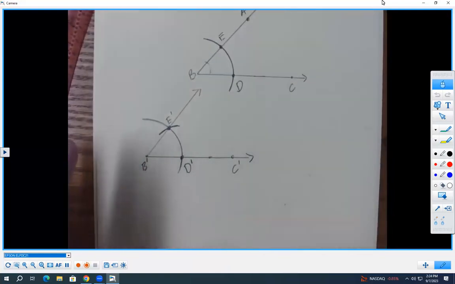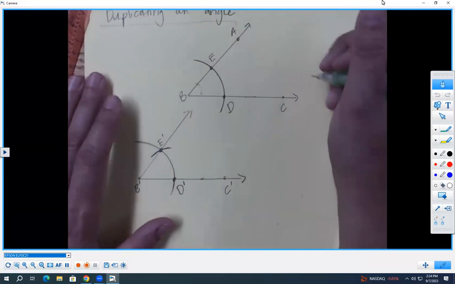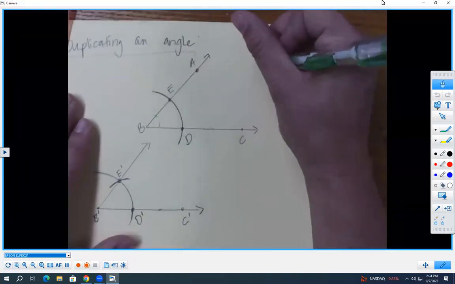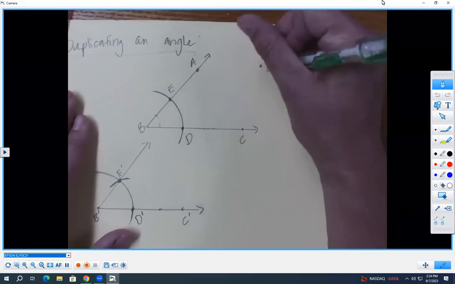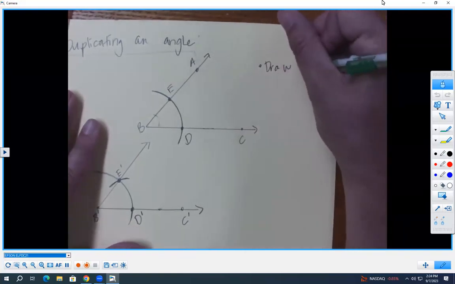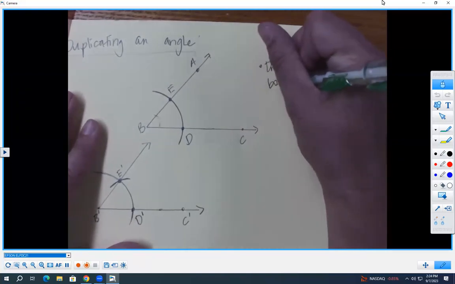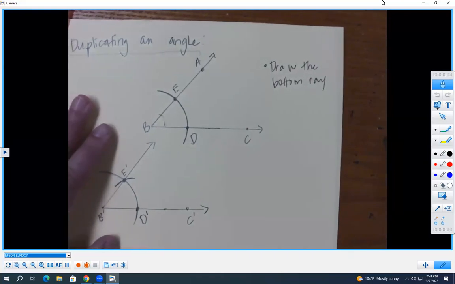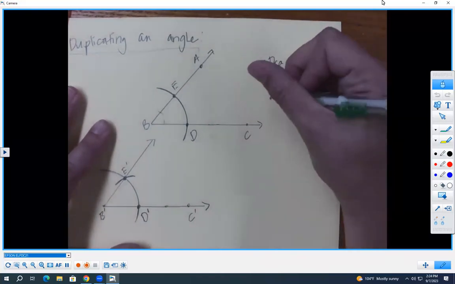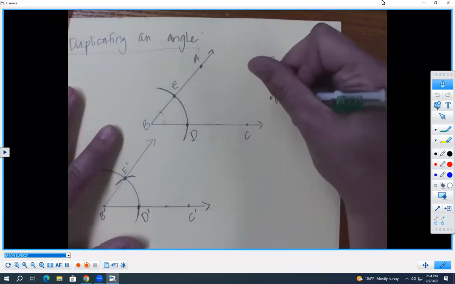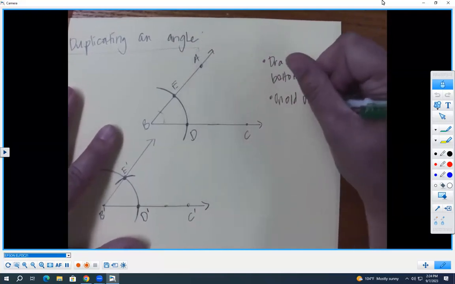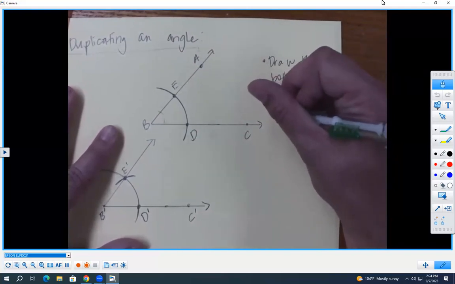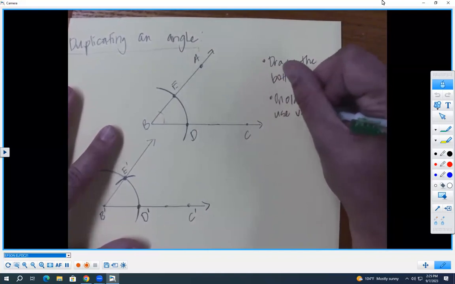So if you need steps here, so you can remember how to do this, I'm one of those people that has to have steps written down for this one. You draw the bottom ray as your first step. And then after you draw the bottom ray on the current angle, so I'm gonna call it the old one, on old angle, you want to use the vertex.